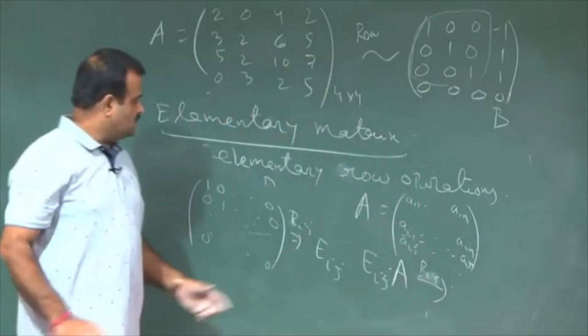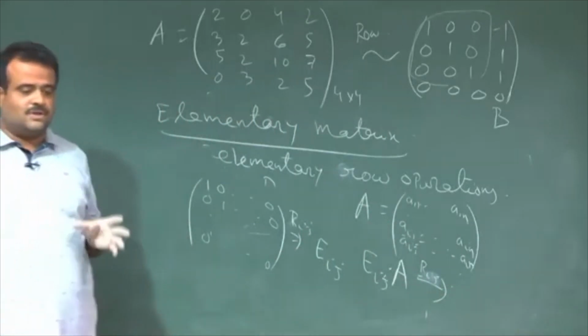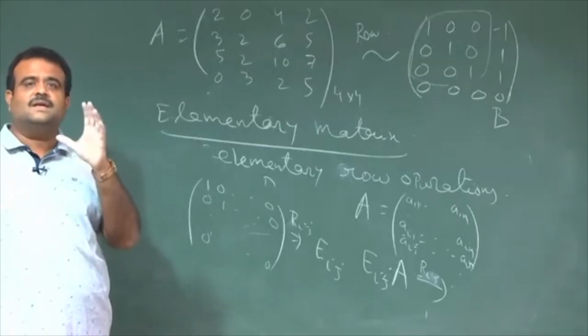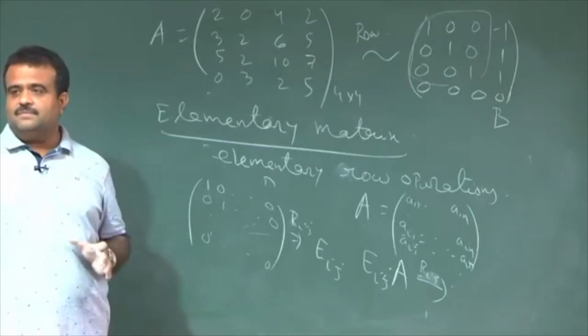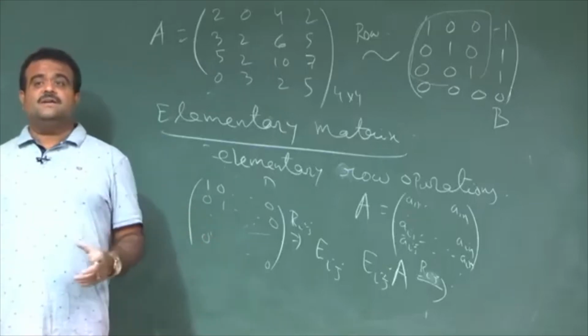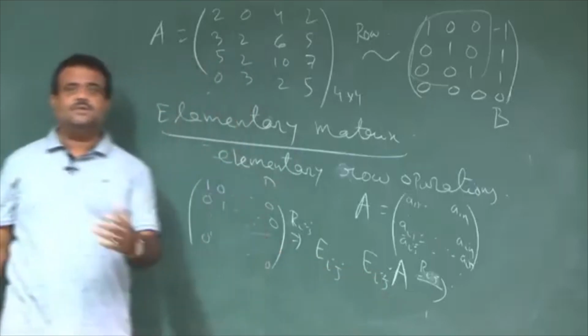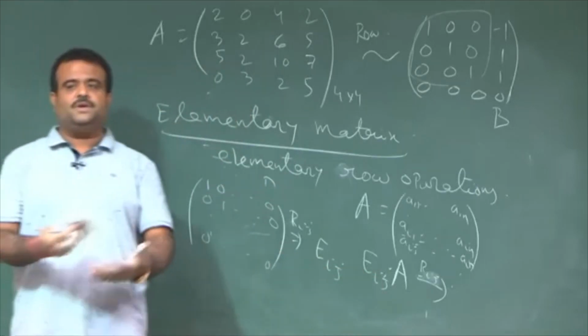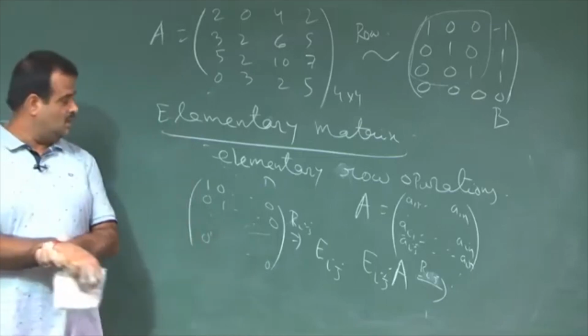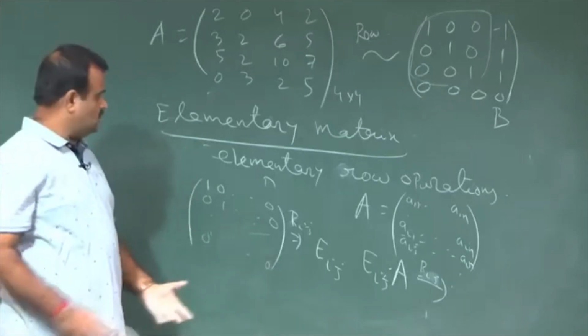So, instead of doing the elementary row operation, we just take the identity matrix, apply the corresponding row operation on it, and then we multiply with A as a prefix, and that will give us the corresponding elementary row operation. Okay.